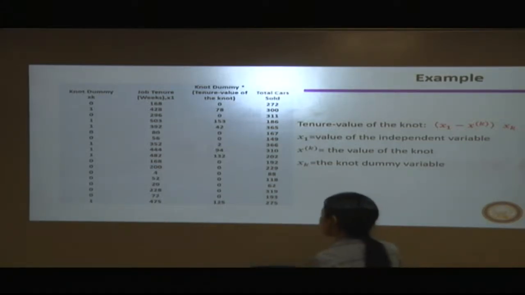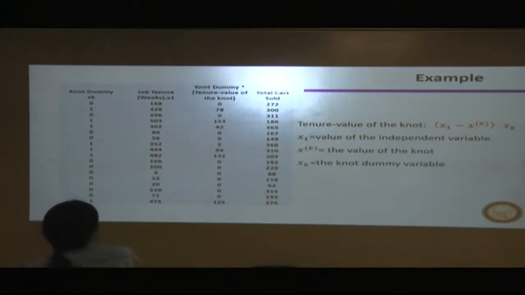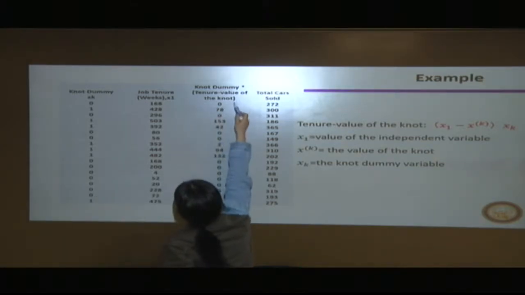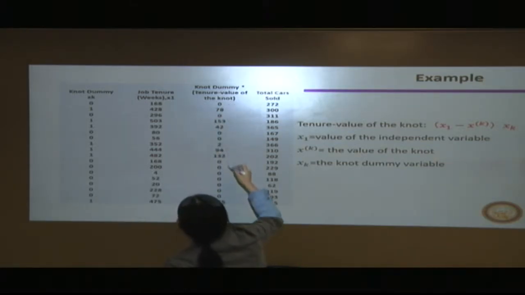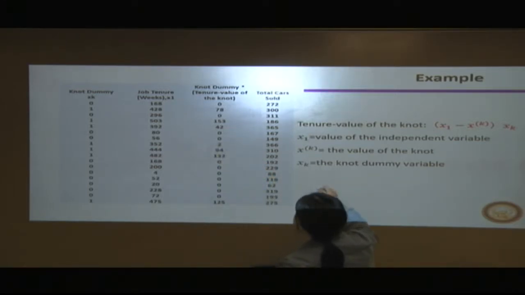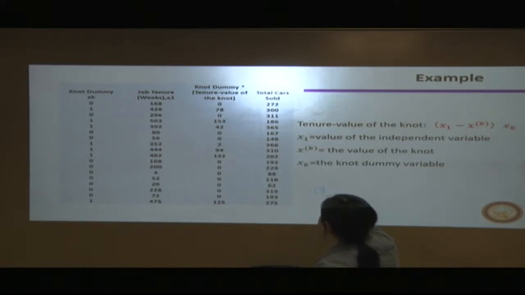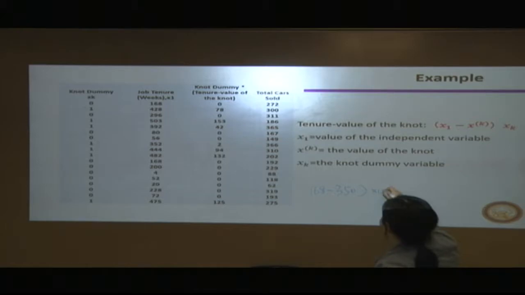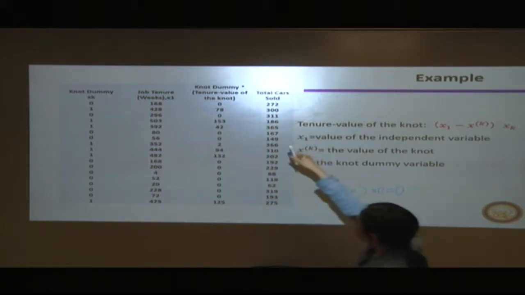And we also need to calculate this part. For instance, the first salesman has been working here for 168 weeks. Our breakpoint is 350. The dummy is 0, so this is 0.